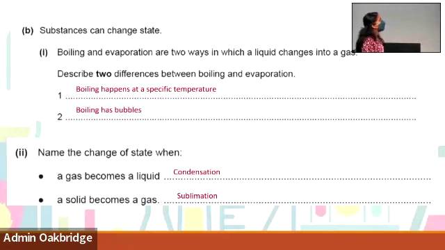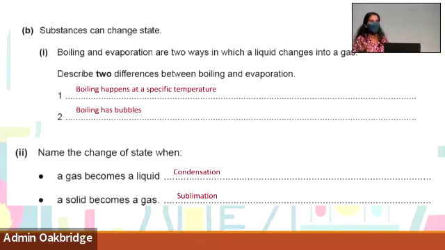So if they are asking for liquid changing to gas, describe the differences between boiling and evaporation. Boiling is the process which is going on, but with evaporation, sometimes you cannot see the process clearly. Boiling I can see. Boiling happens at a specific temperature. Evaporation, I cannot set the temperature. So what is the difference? Boiling has a fixed temperature, and boiling has bubbles, while evaporation I cannot see because it just disappears.